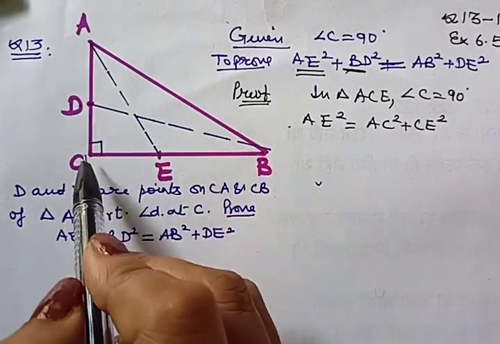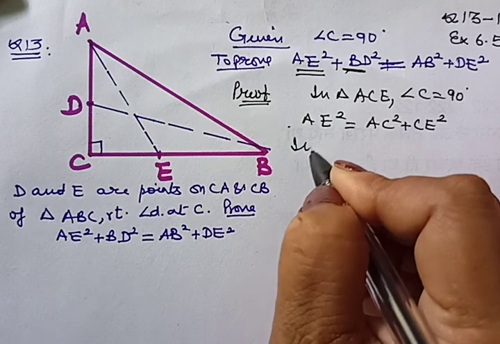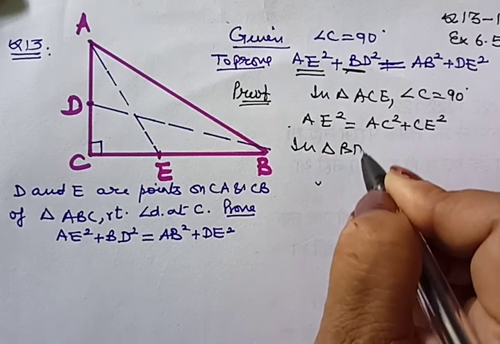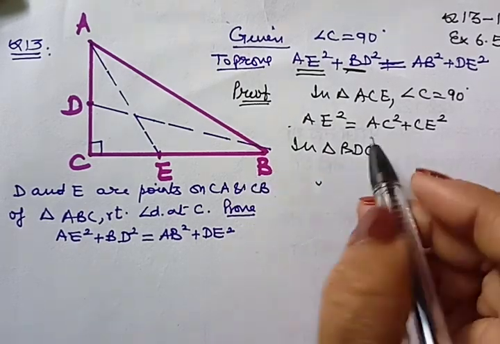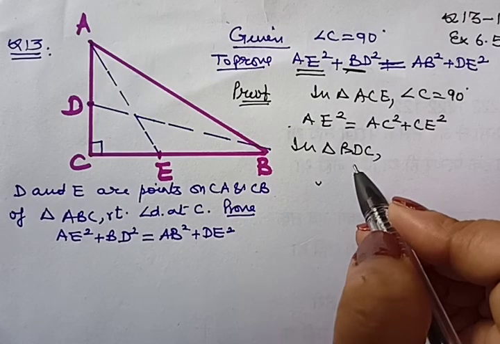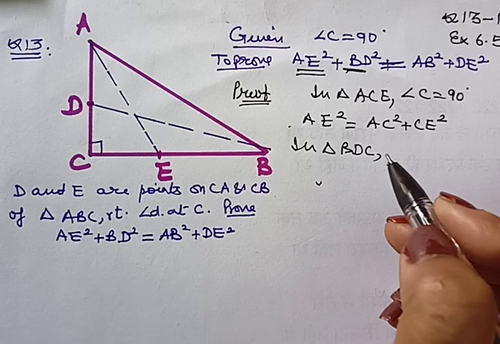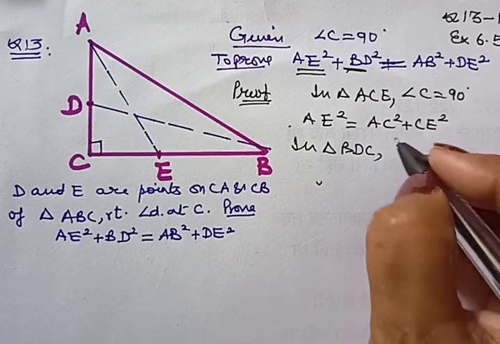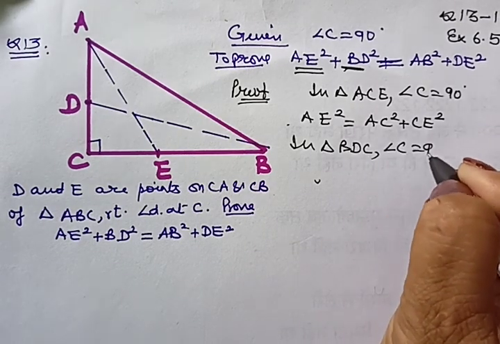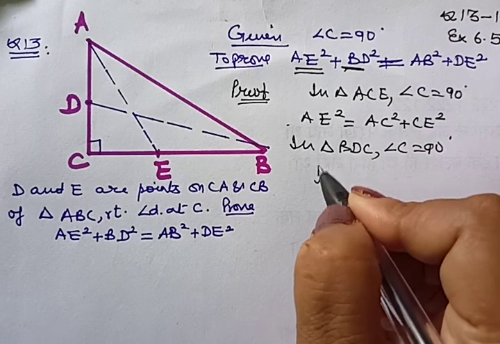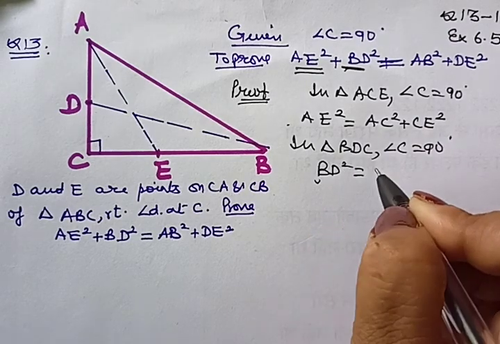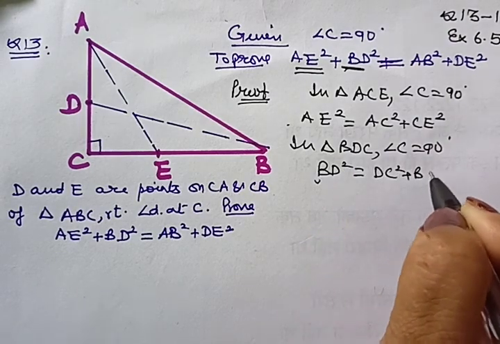In triangle BDC, if I apply Pythagoras theorem. Usually in writing a triangle, we write angle C, the right angle, in the middle, but it's okay to write this way also. Angle C is equal to 90 degrees. So I can say that BD square is equal to DC square plus BC square.